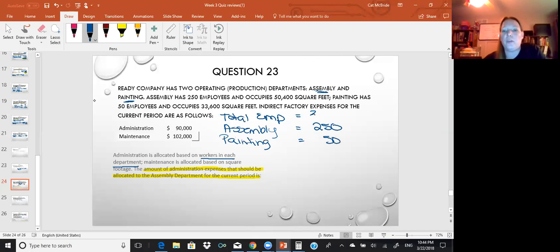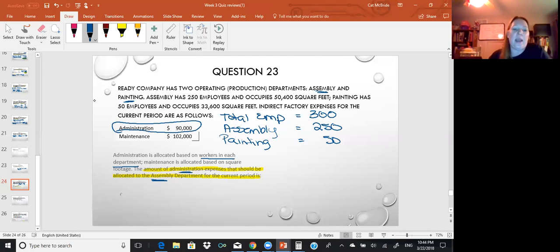So the total employees are 300. So this is allocated based on the number of workers in each department. So if we want to know what's going to be allocated to the assembly department, we say, okay, the assembly department has 250 out of the 300 employees. We're only looking at admin, so we're not worried about maintenance.